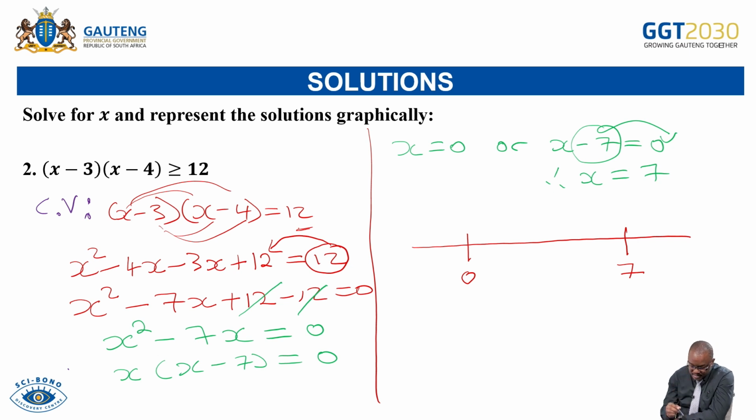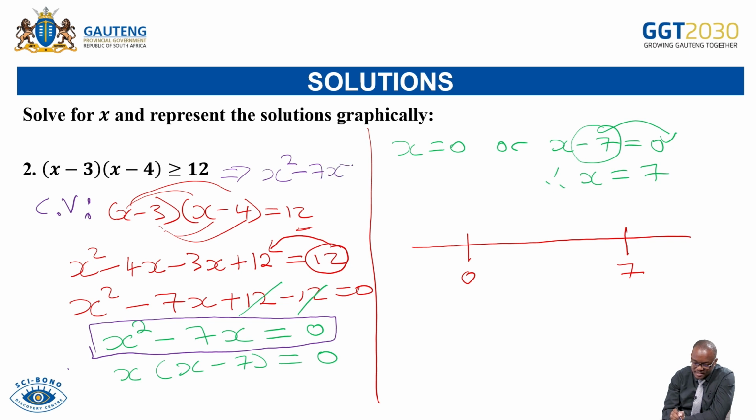After expanding and simplifying, the equation can be written as x squared minus 7x greater than or equal to 0. That's what you are going to get.